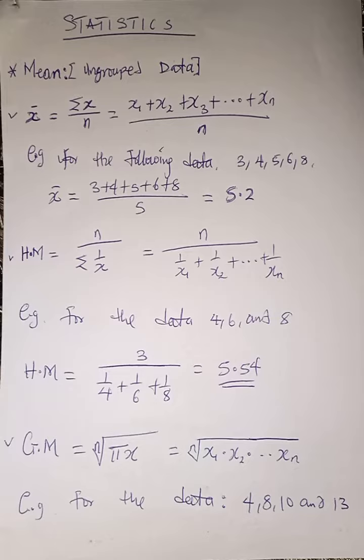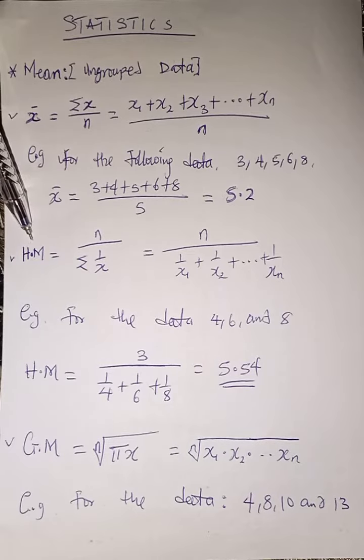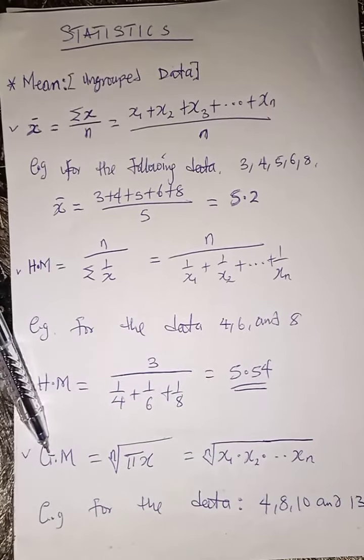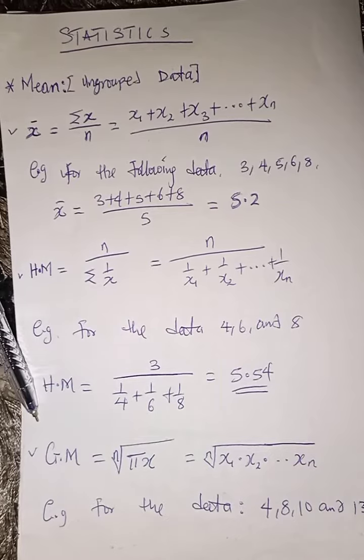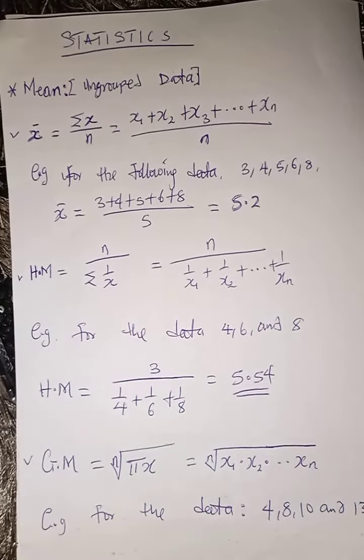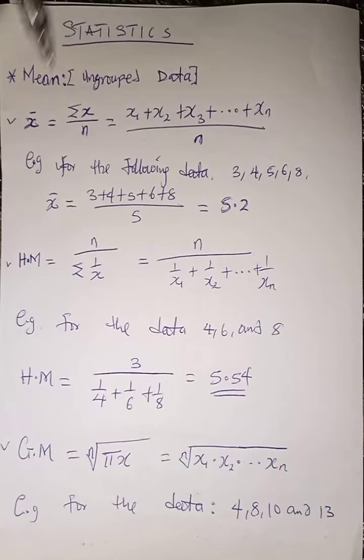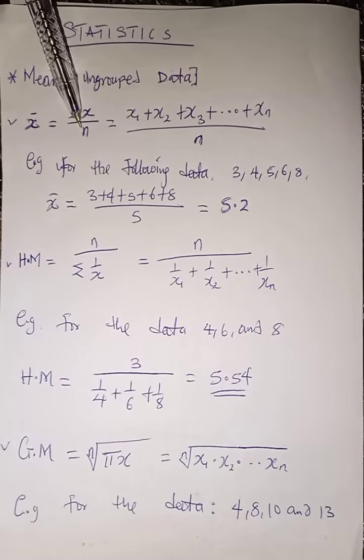Now, this S bar you're seeing here denotes arithmetic mean. The HM denotes harmonic mean. The GM denotes geometric mean. Please take note of that. It's very, very important. Now, for arithmetic mean, the general formula is sigma x over n.